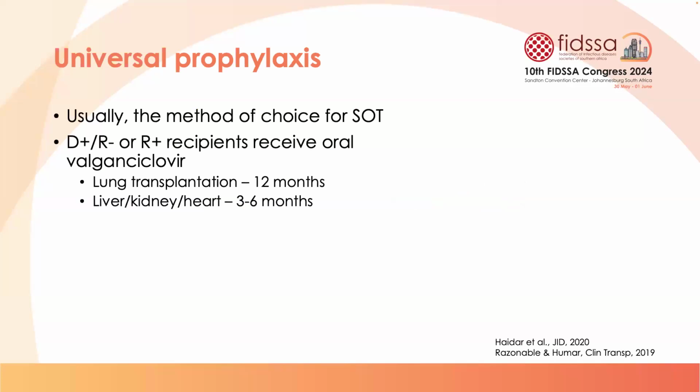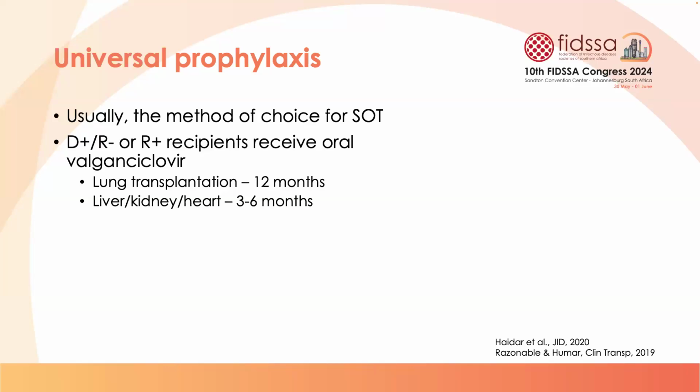Where the donor is CMV positive or the recipient is CMV positive, the transplant recipient will receive prophylaxis regardless. This prophylaxis is normally valganciclovir, and the duration is normally defined. For lung transplantation, because it's higher risk, it's for about 12 months, but for other transplants, between 3 and 6 months.